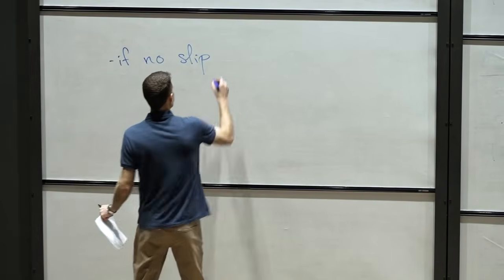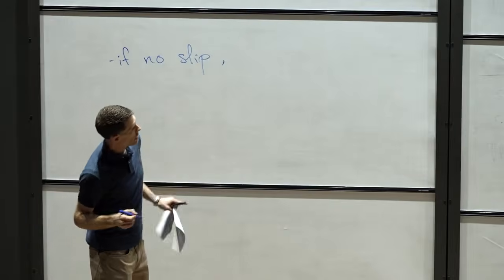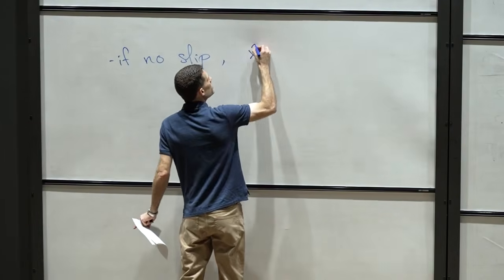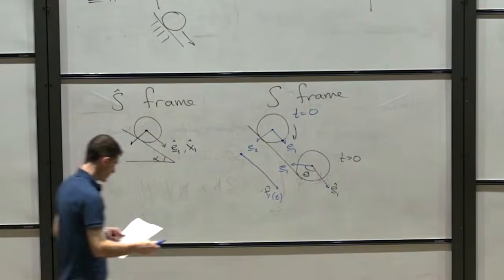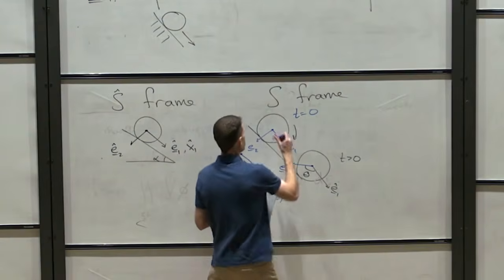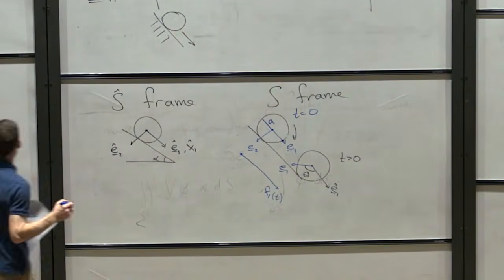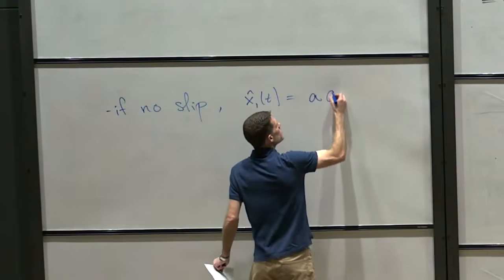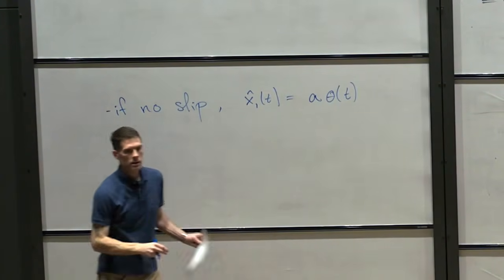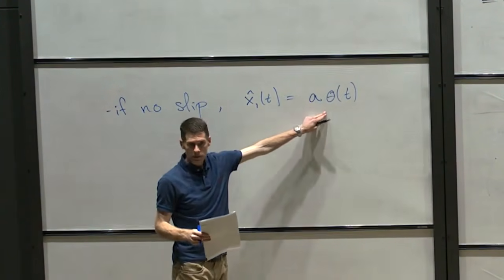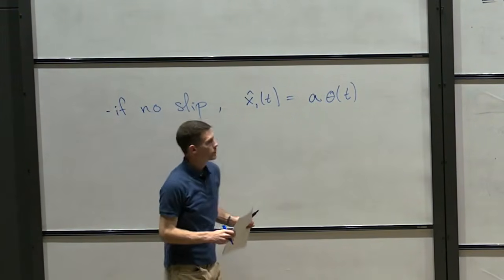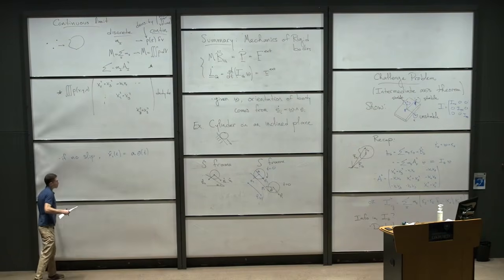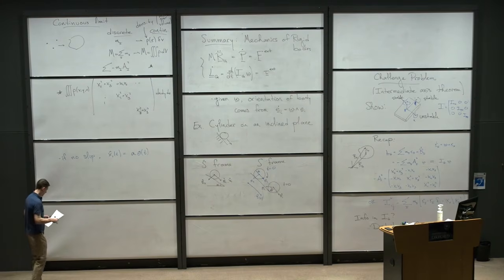So if no slip, then there's a connection that x1 hat must be the radius of the cylinder times theta. I haven't given a name to that, so let's call the radius A. Notice that in doing this, I'm not restricting theta to 0 to 2 pi. If it keeps rolling, I'm letting theta just keep on going. Okay, we need an inertia tensor to do balance of angular momentum.